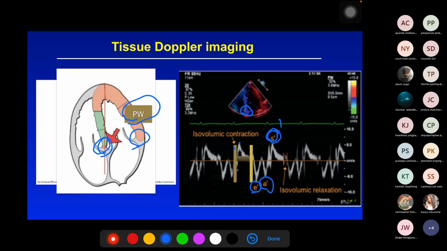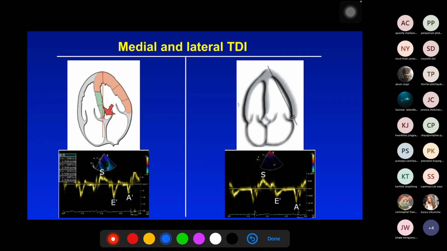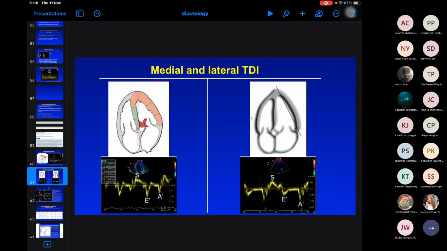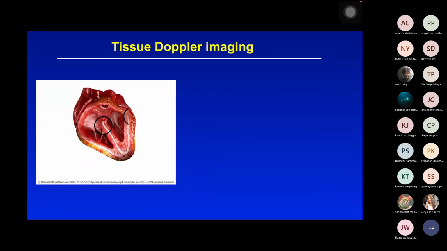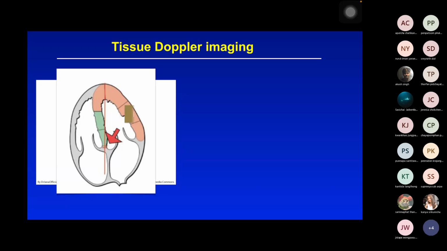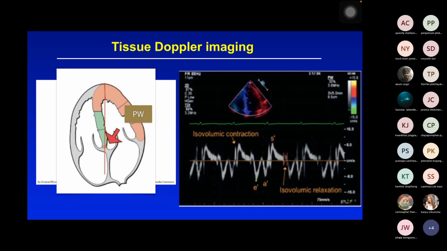Then from the end of the S wave to the start of the E prime wave is called the IVRT. It's not confusing, right? It's similar to the mitral valve inflow.